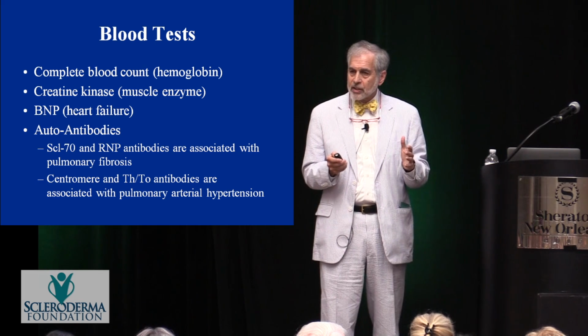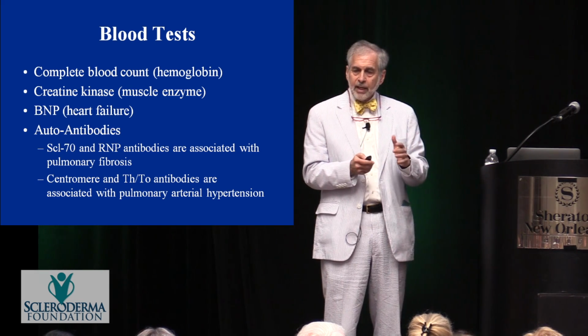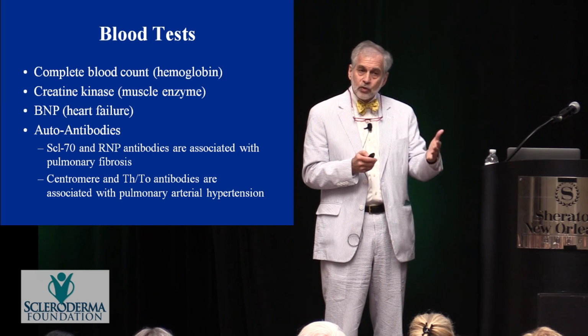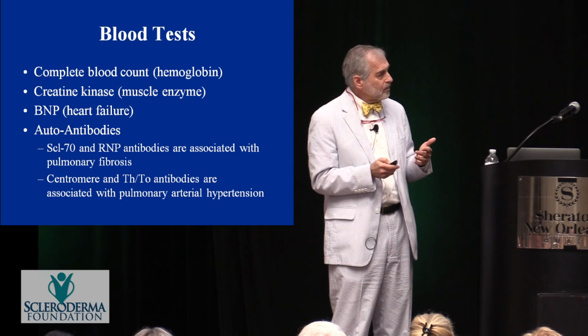They're not diagnostic, but they put patients in a certain risk category, and so it indicates to the rheumatologist you may look at certain things more frequently or carefully than otherwise.